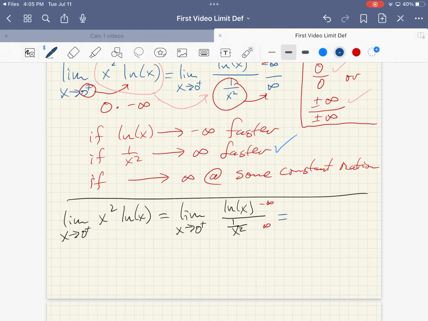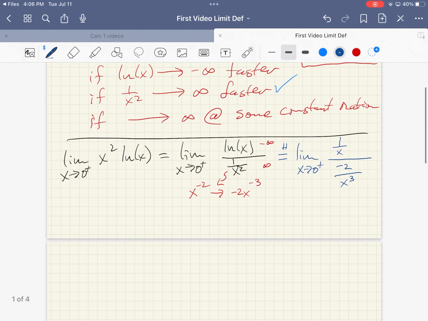And so we can say equals the limit as x approaches 0 from the right. We're going to take the derivative of the top, 1 over x, and the derivative of the bottom. Now, we can think of this denominator here as x to the negative 2. And so its derivative would be negative 2x to the negative 3, which turns out to be negative 2 over x cubed. Now let's do a little simplification here.